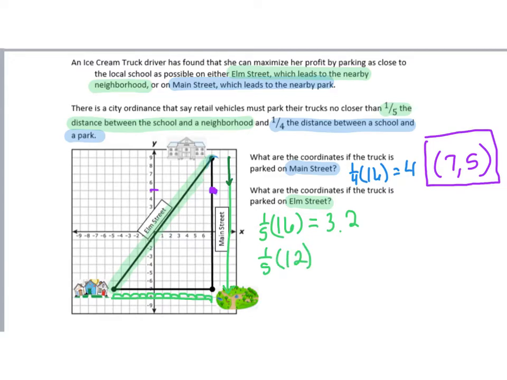So 1/5 of 12, 1 divided by 5 times 12 as a decimal, is 2.4.